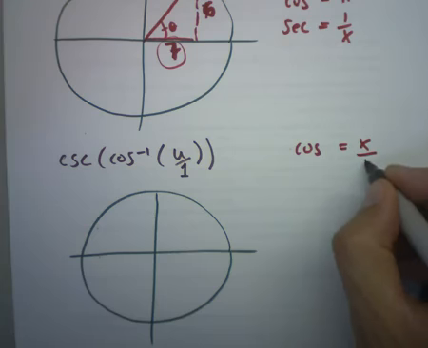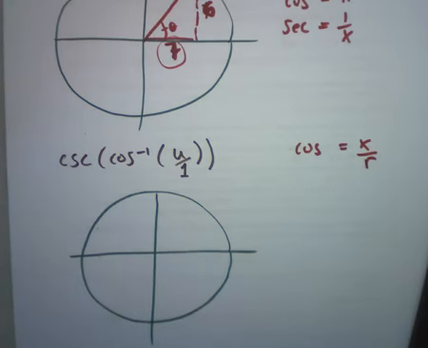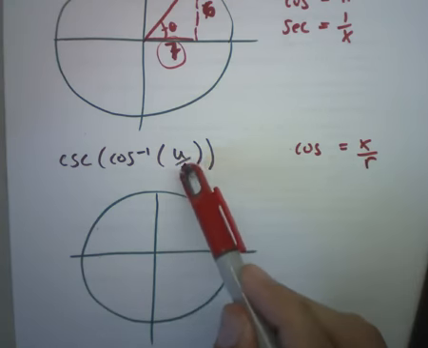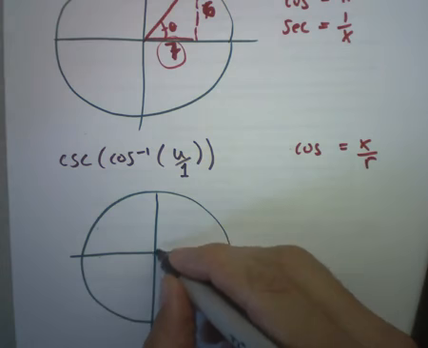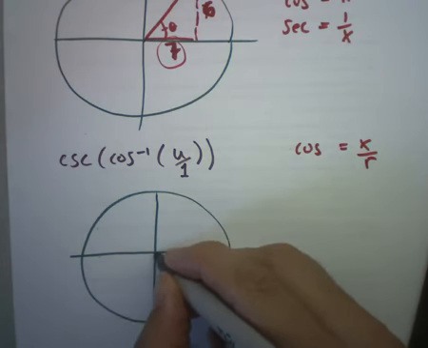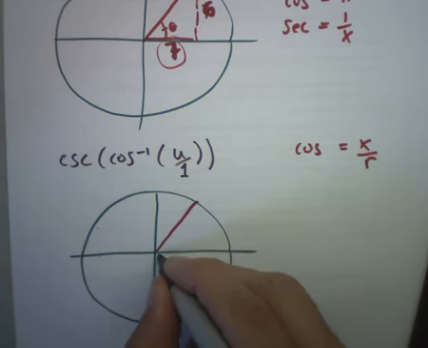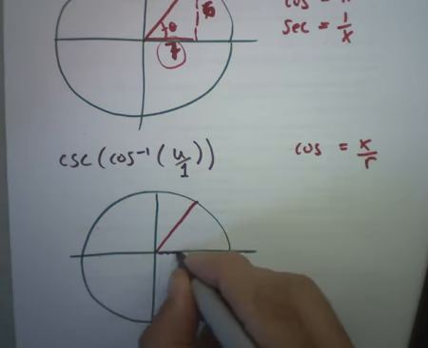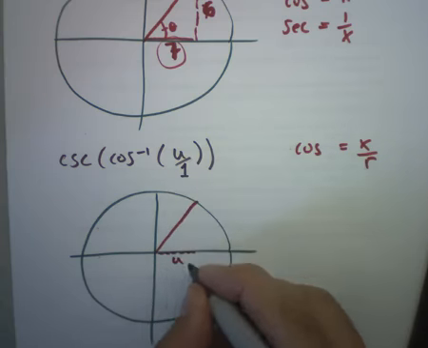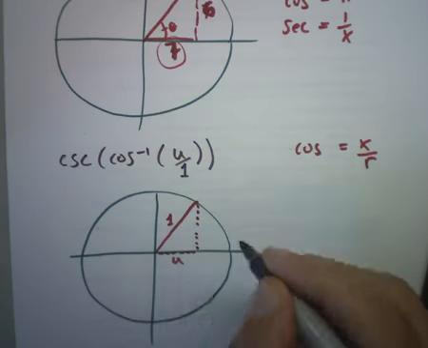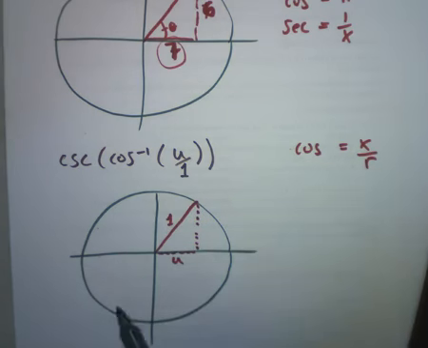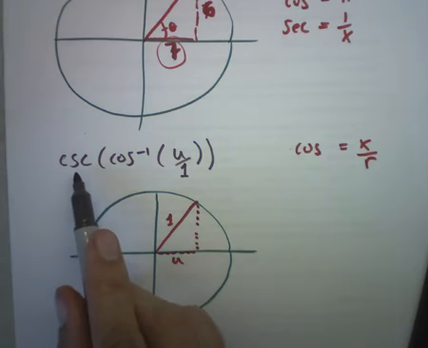And when we were on non-unit circles, cosine was x over radius. So it turns out here we actually are on a unit circle because the radius is 1. So we have some angle in here. I don't really know how big of an angle it is, but I'll just draw it something like this, whose x-coordinate is u and whose radius is 1. And I want to figure out the cosecant of that angle.